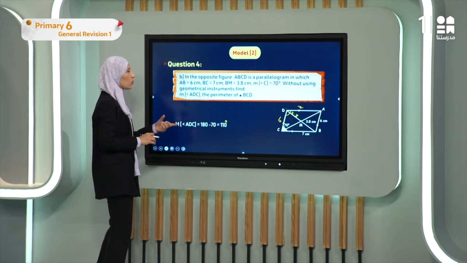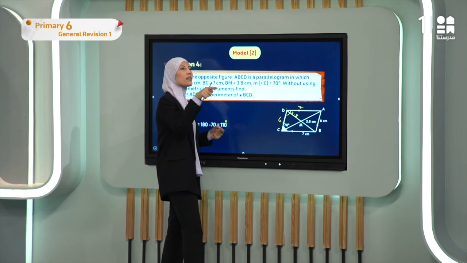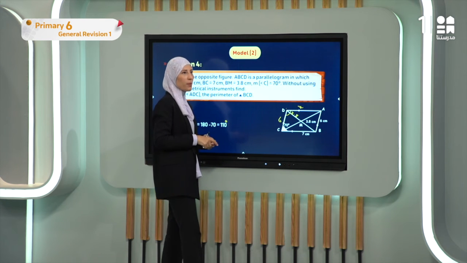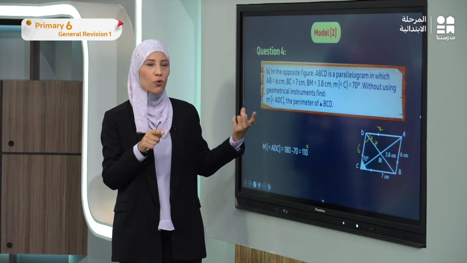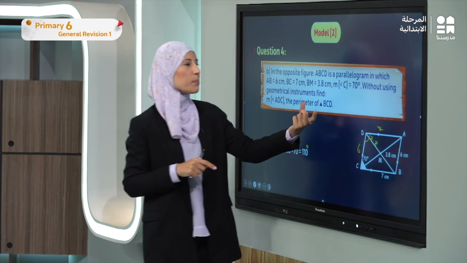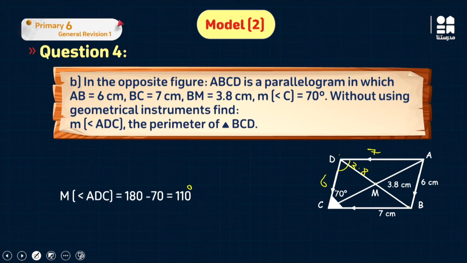Now I want to find the perimeter. What does perimeter mean? Perimeter is the sum of the sides of my shape, from the outside, of course. Let's find BCD. He wants the perimeter of this triangle.